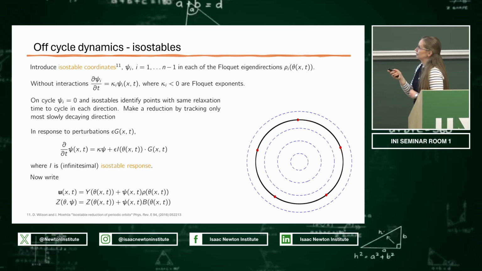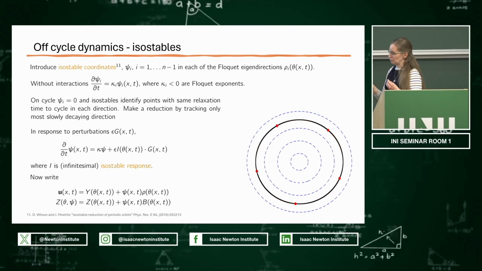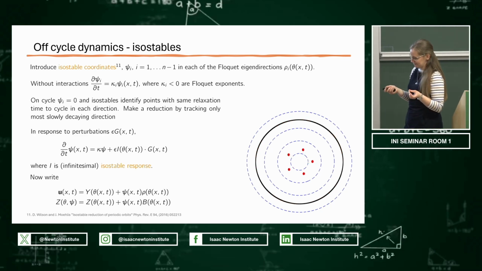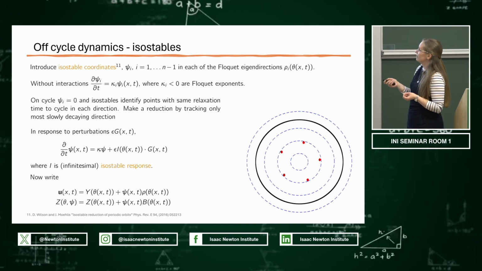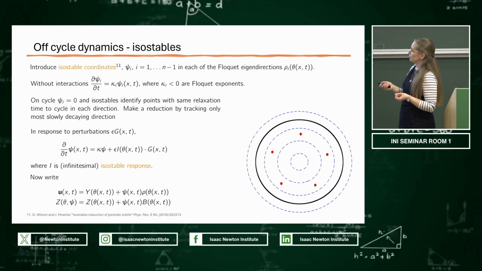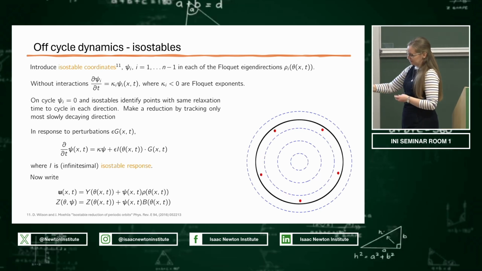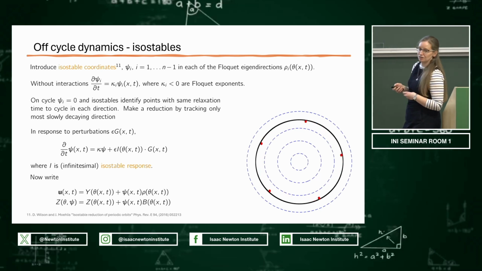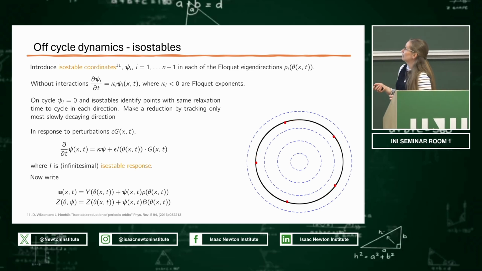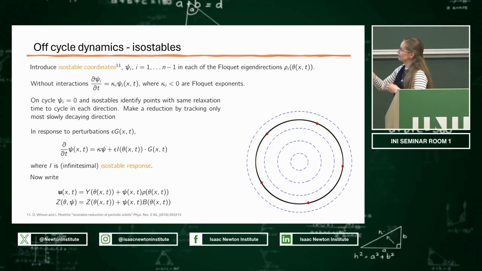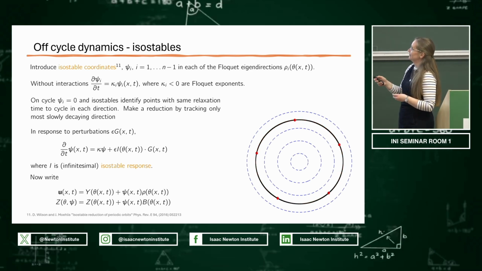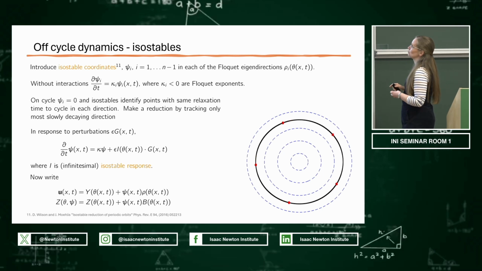Right. So we also need to have a response for these isostable coordinates, so we can calculate what that is as well. The isostable response, basically, if you make a perturbation, do you get back to the limit cycle faster, or does it take you longer? And it's the gradient of the definition of what your isostable coordinate is.